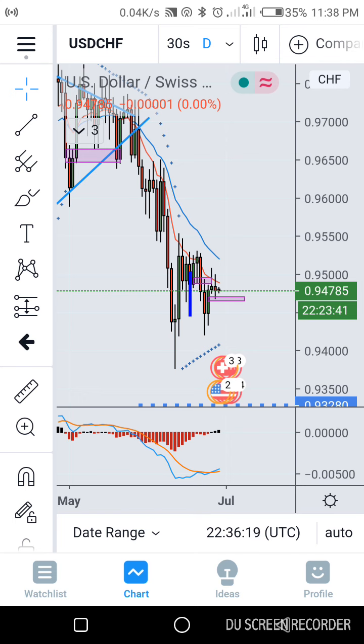When we say impulse, it means a power move, a move that was aggressive. In this case, the sellers took the market down aggressively, and they printed 3 to 4 daily candles, taking the price down. That's an impulse.